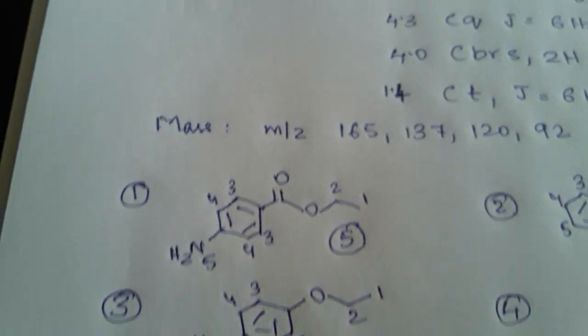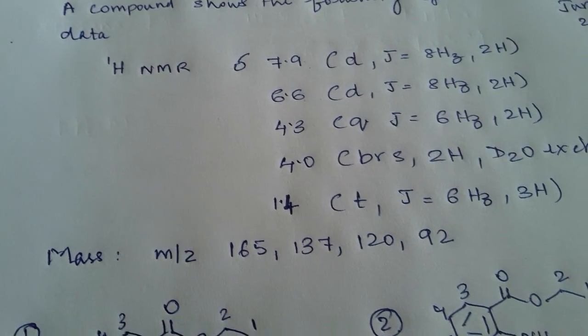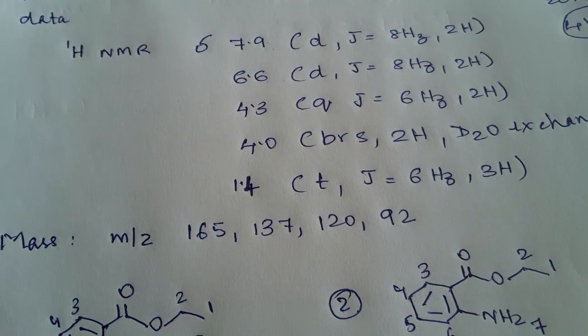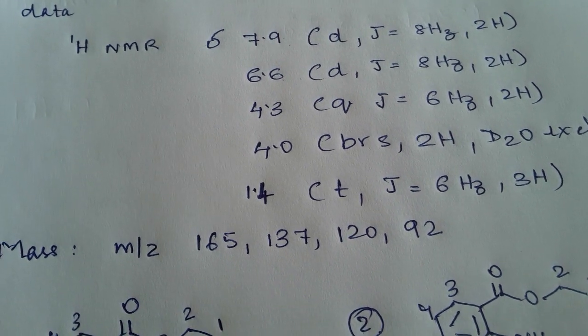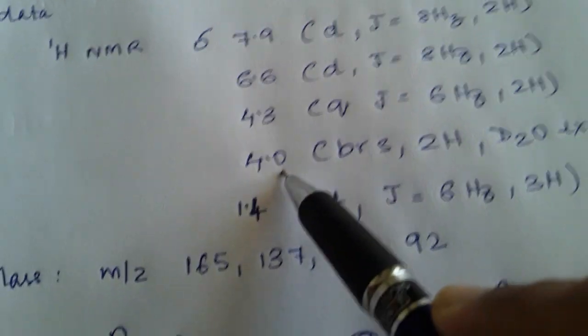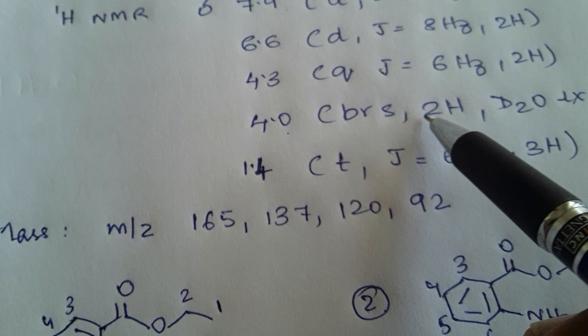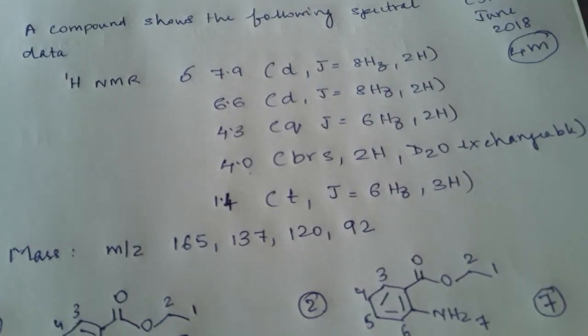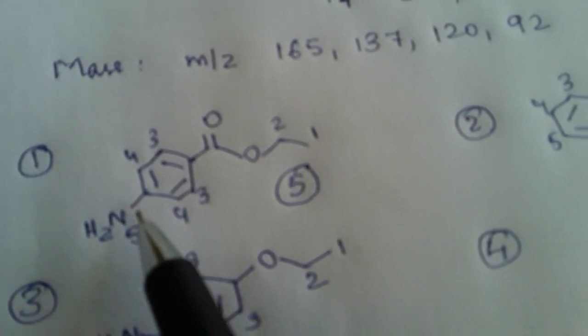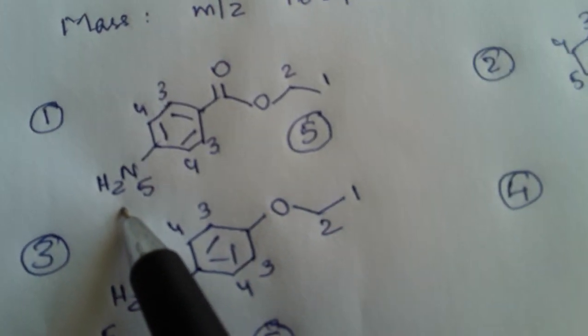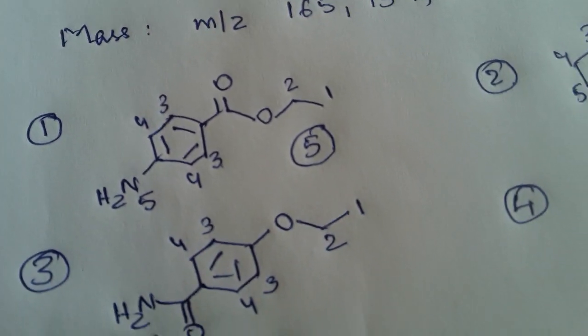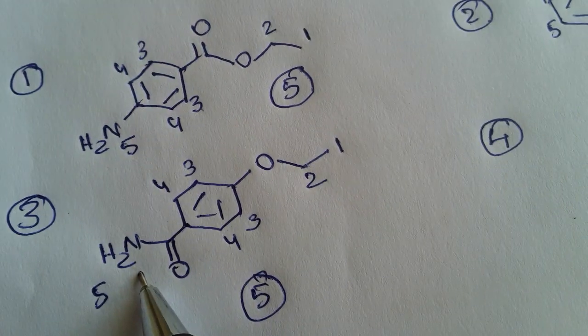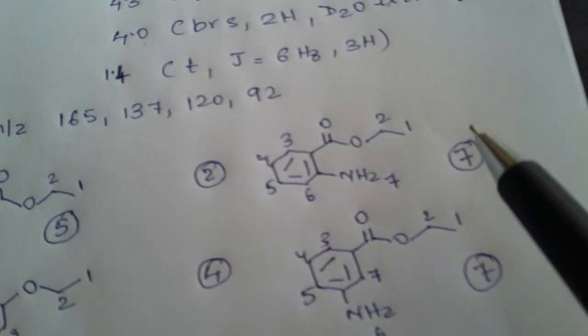Here the key part is the D2O exchangeable hydrogens. If you look at this data, 4 ppm, a broad singlet with 2 hydrogens which are D2O exchangeable. Now if you look at each of these choices, you see NH2 there, which is D2O exchangeable. You have another NH2, a CONH2 here, which is also D2O exchangeable.